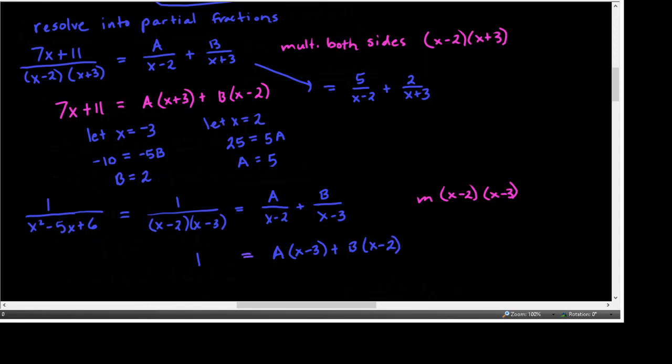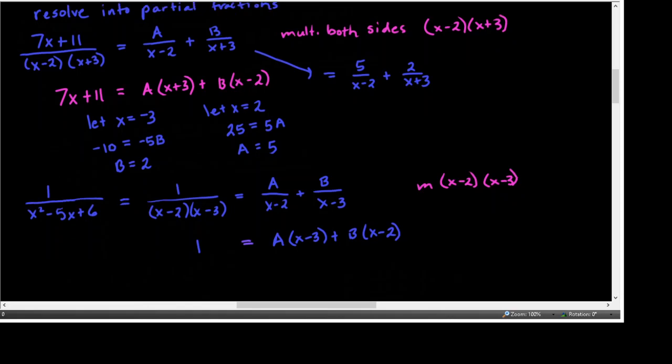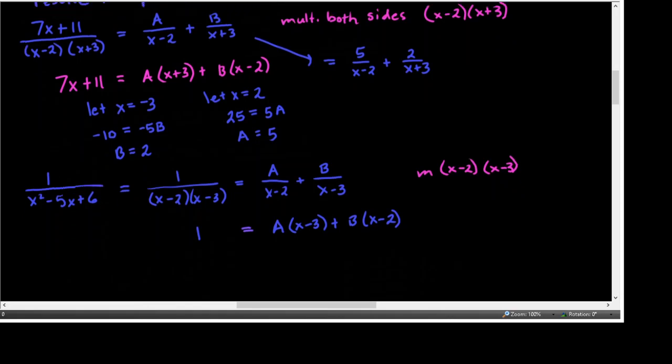Now last time I just kind of made up some numbers out of thin air, you may have thought, but if you think about it, those were fortuitous numbers to try because they made something equal 0, which made that letter A or B disappear. So what number would be a good number to use here? There are two good possibilities, and it doesn't matter which one you start with.